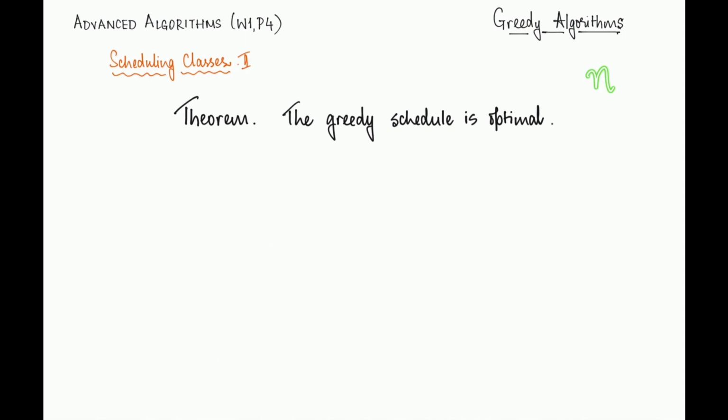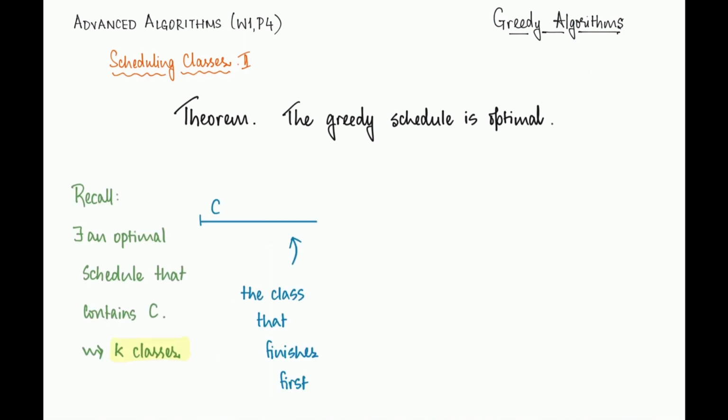Now, in general, suppose you have a collection of n intervals as your input, and once again, let's bring up the interval that finishes first. Now, remember that there is an optimal schedule that contains this interval, and we are going to bring that up in just a moment. But before that, notice that this interval partitions the remaining intervals into two parts.